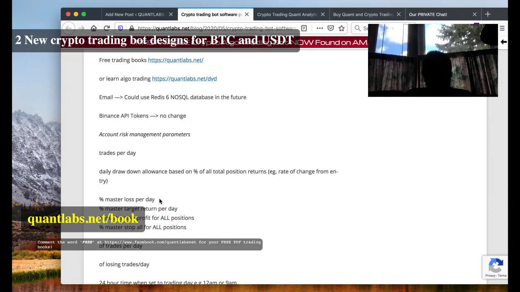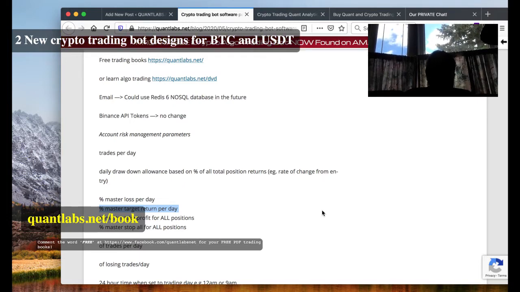Now, on top of that, people are wanting, which makes sense, and from a risk management point of view, this totally makes sense. So using that total percent move, you have a total percent loss per day. You have another way to do simple risk management, which is to have a daily target of a daily return.